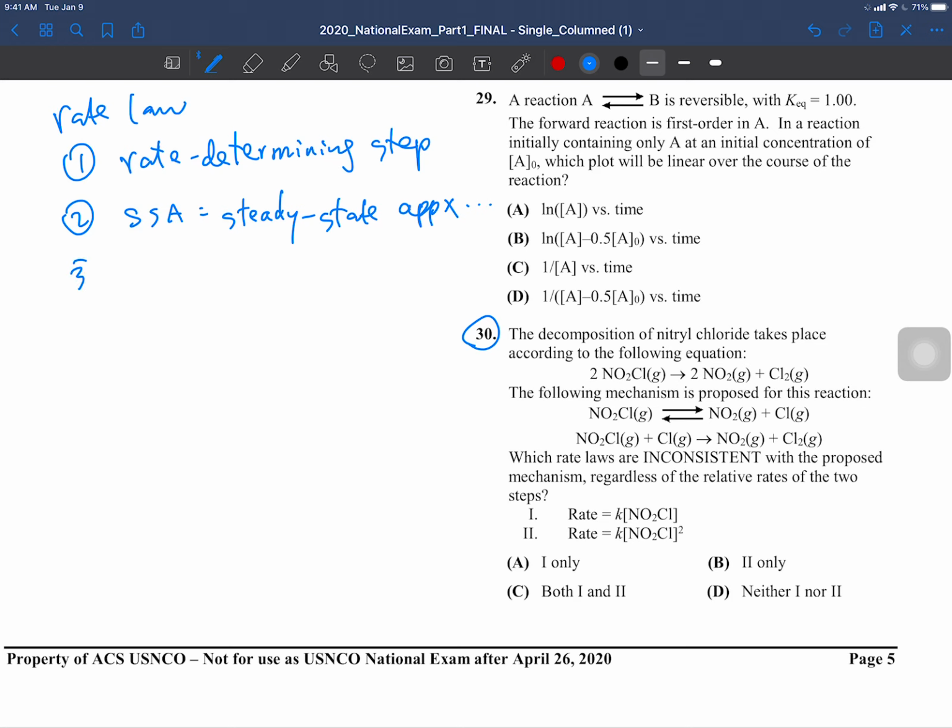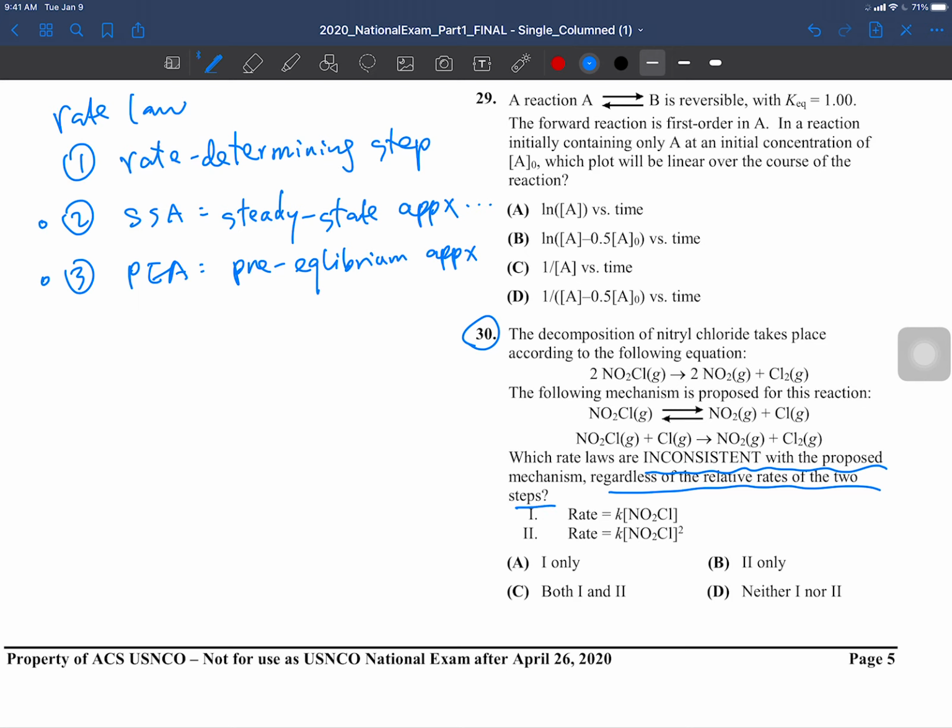The third method is called PEA. It's called pre-equilibrium approximation. And the second two are actually more commonly used. So here the question is asking which rate laws are inconsistent with the proposed mechanism regardless of the relative rates of the two steps.